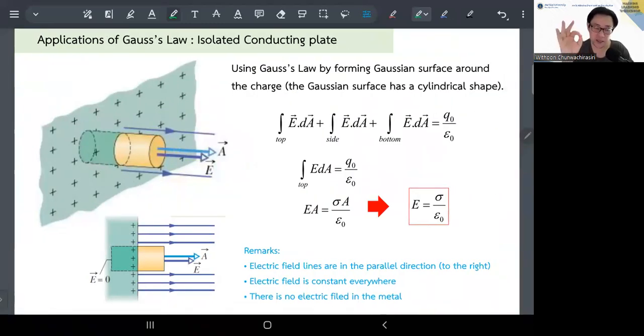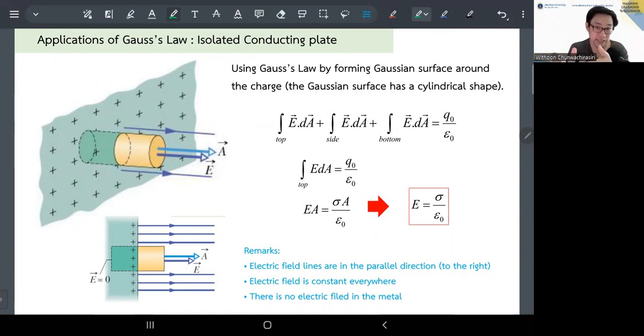The reason is because during the Gauss's law study, we only took the example of the spherical shape system. So you only created the Gaussian surface to be in the form of a sphere all the time. But now the shape of the parallel plate is not a spherical shape anymore.